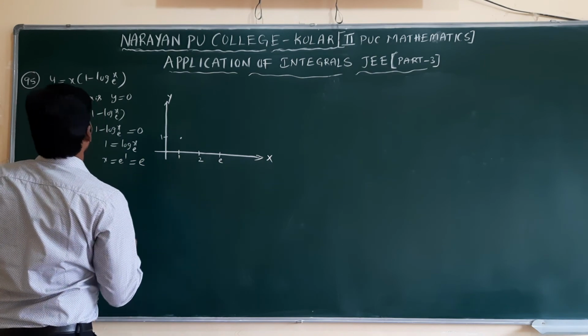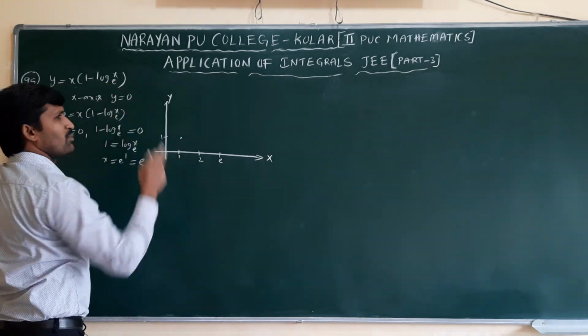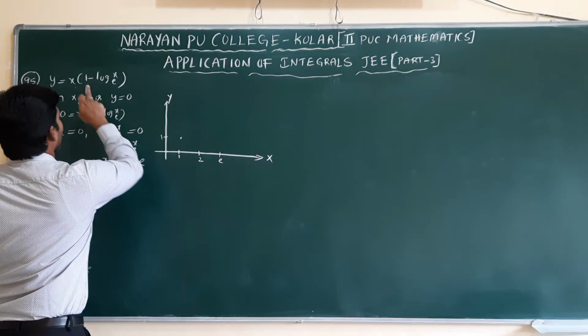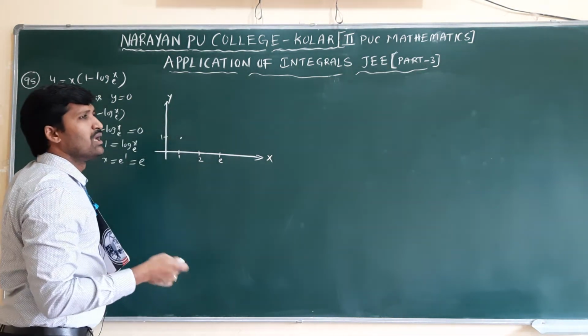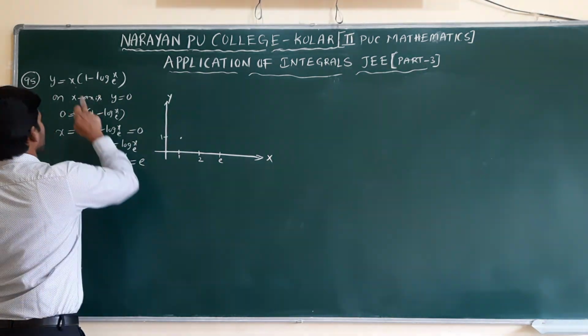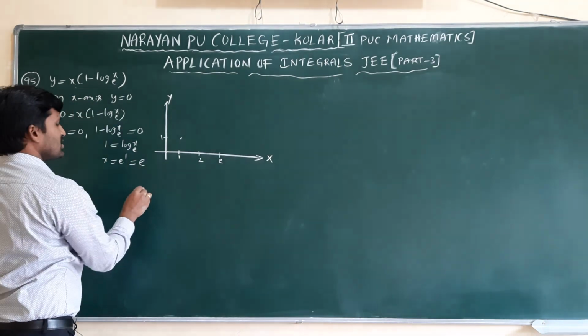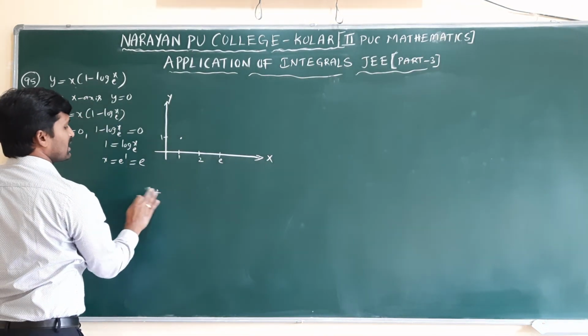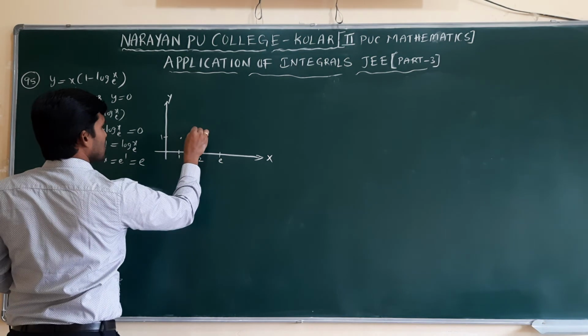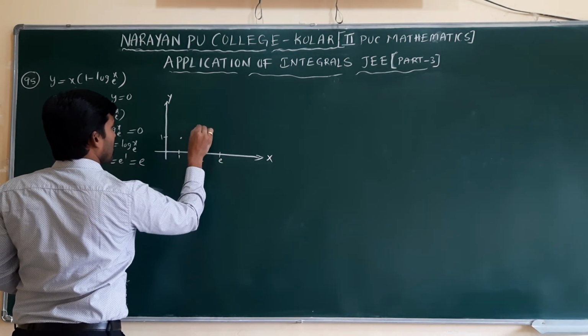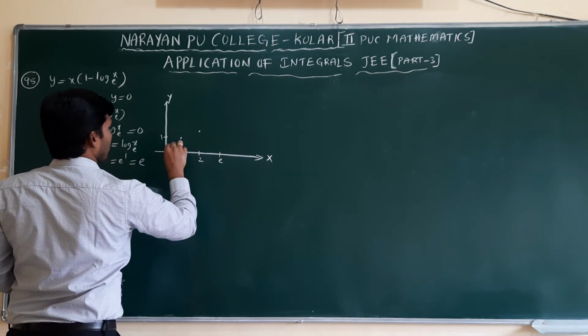If we take 2, log 2 value is how much? 0.414. 1 minus 0.414, we will get 0.6. 0.6 into 2 means what will we get? 1.2. It's more than 1. This is only for graph-drawing understanding purposes. The graph will go like this.